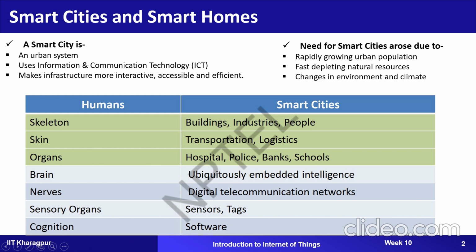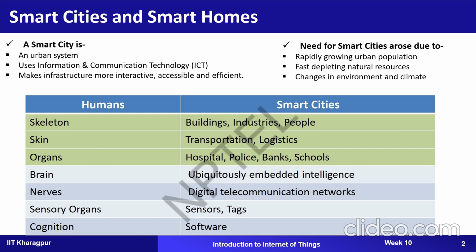The skeleton in the human body is similar to the buildings, industries and people in smart cities. The skin connects the different parts of our body. Similarly, in a smart city, transportation is responsible for connecting different parts.